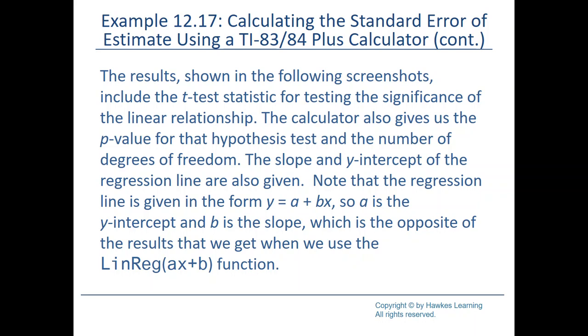Where a is the slope and b is the y-intercept. So you're going to get that regression line, it's a little opposite of what we were used to seeing. You were used to seeing LinReg ax plus b, and they basically just switched the pattern. But again, you will see this formula written, so note what the formula is in the problem.